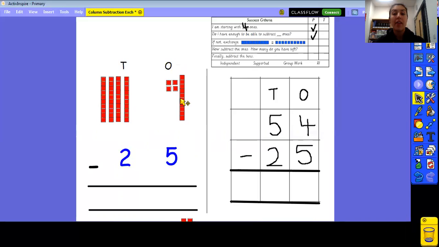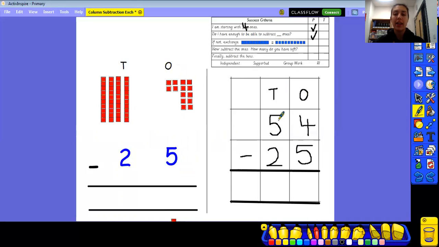Now we know that 10s are not allowed in our ones column, so I need to swap them for an equal number of ones. So my 1 10 is now being exchanged for 10 ones. So what just happened there is we took one of our 10s and we put that 10 over here in our ones column. And that shows me that I don't actually have 5 10s anymore.